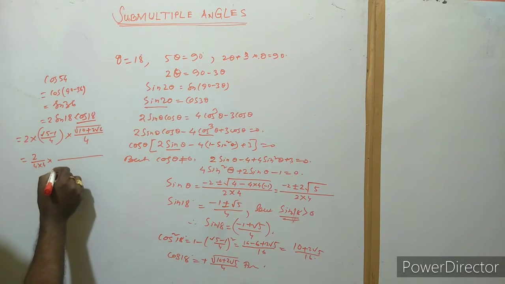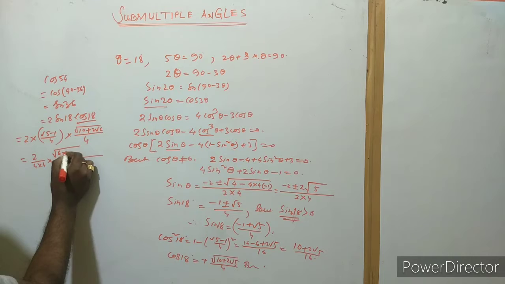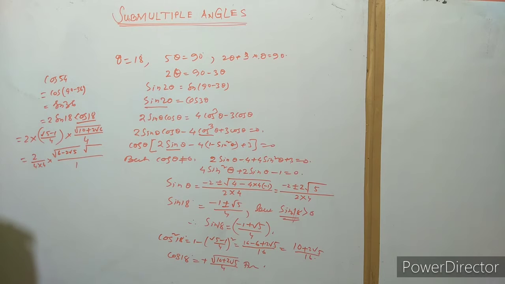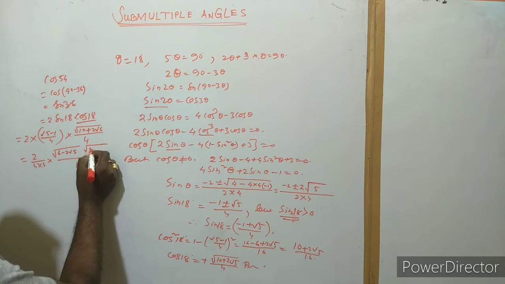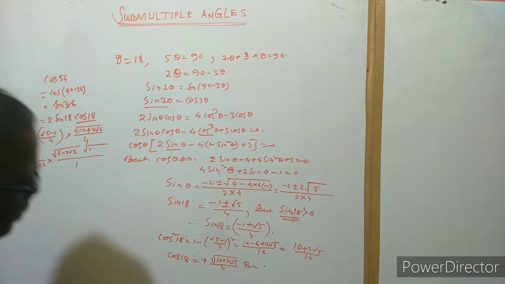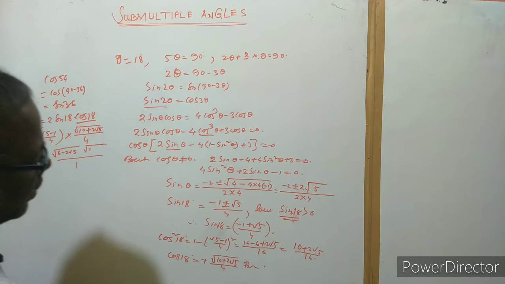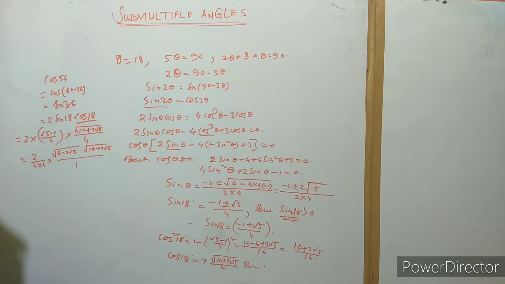If you want to simplify these two parts, we can take the square, then we get 6 minus 2 root 5, and this is 5. Sorry, I wrongly wrote that; this is 5, and this is 10 plus 2 root 5 here.